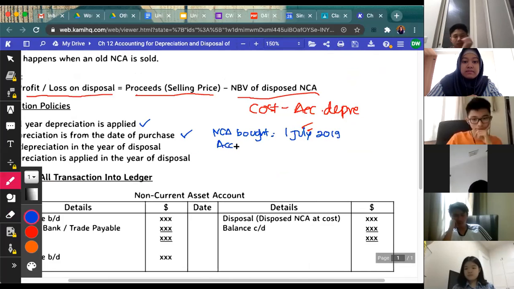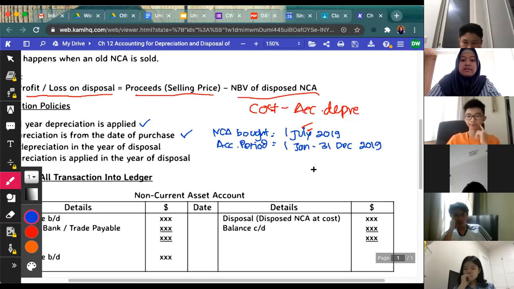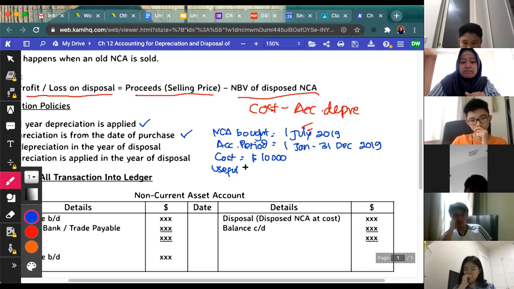Accounting period from 1 January to 31 December 2019. This is the case, yeah? Cost of the NCA that you purchased is 10,000. Useful life is 5 years.